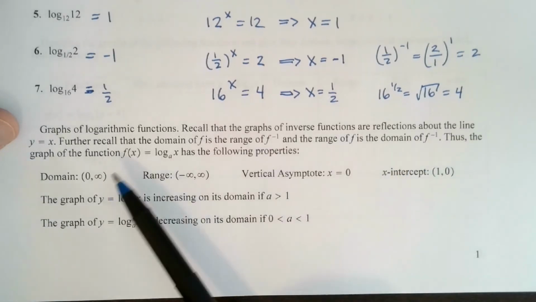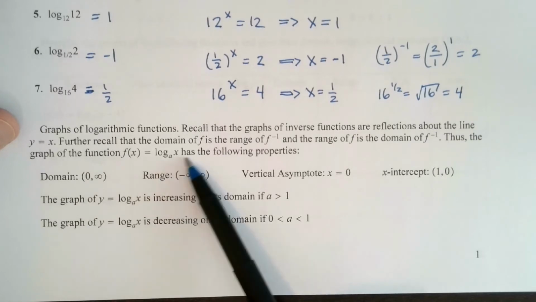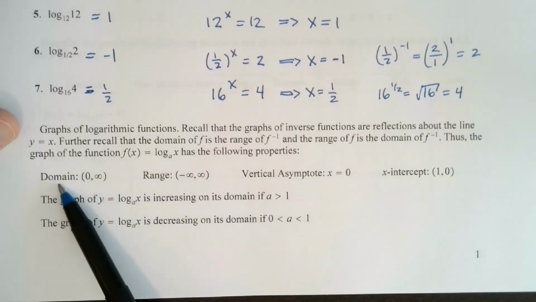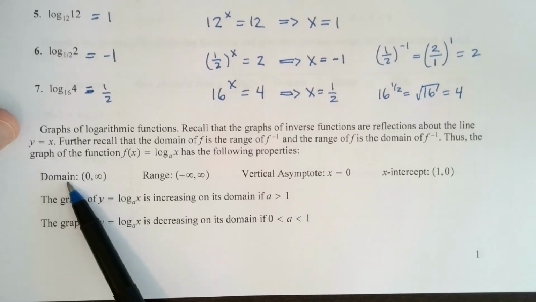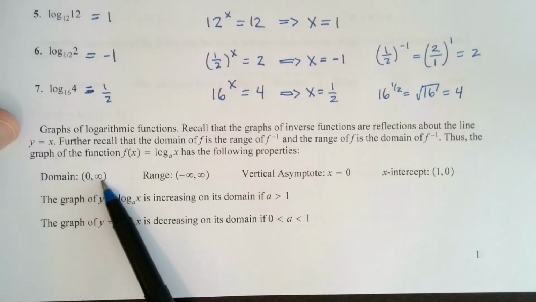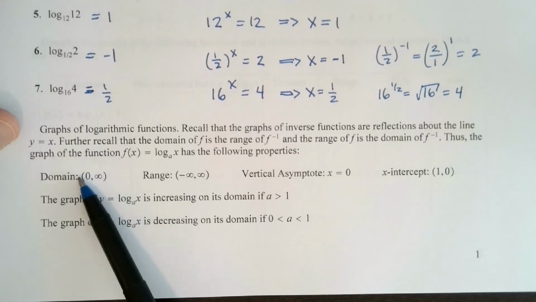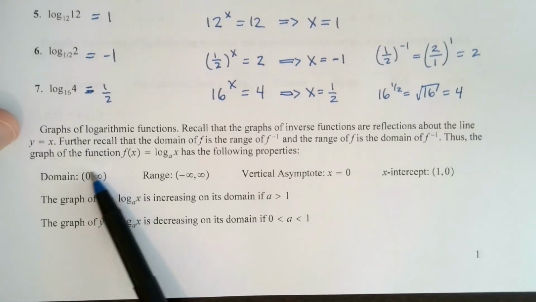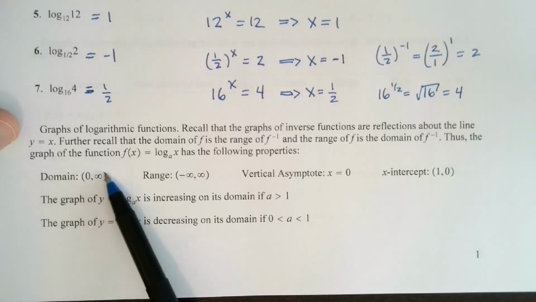So, when we look at the function f of x equals log base a of x, it has the following properties. The domain of our log functions is the same as the range of our exponential functions. Do you remember what the range of the exponential functions was? Everything greater than 0. So this is now the domain of our logarithmic functions. And this adds a little twist into the question about the domain of functions, and we'll look at this later as well.